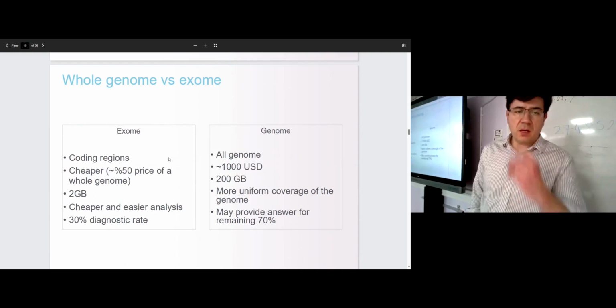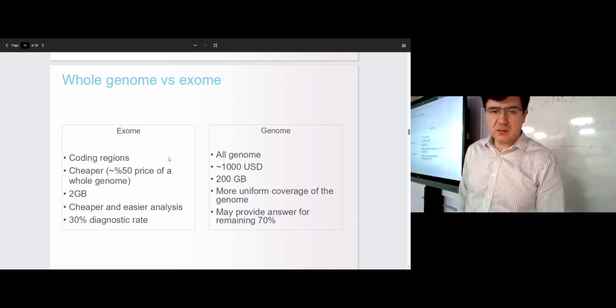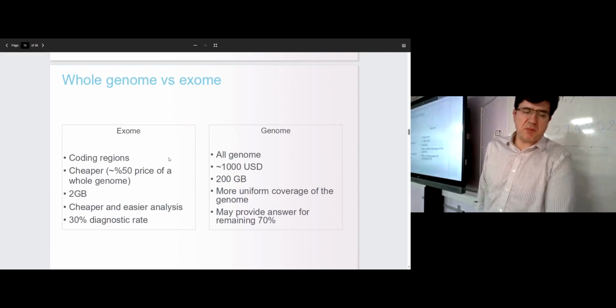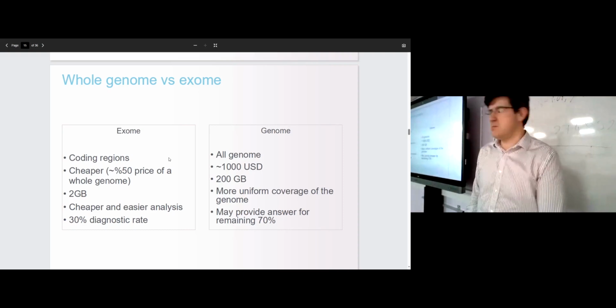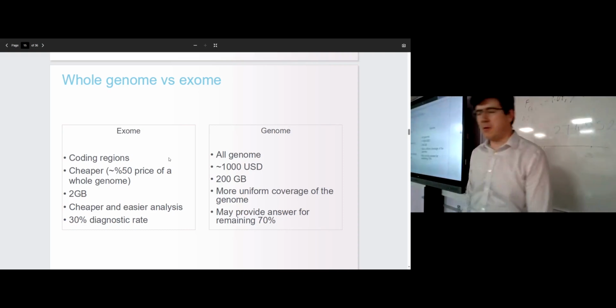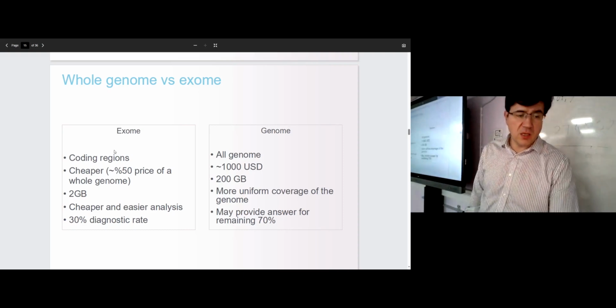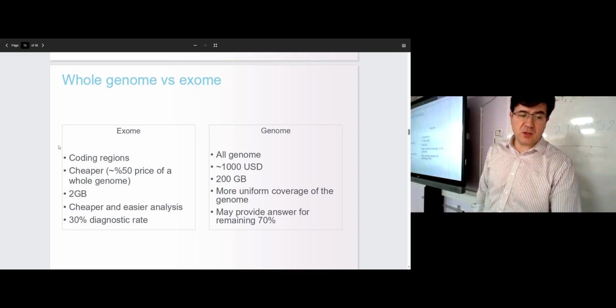So, just to reiterate the differences, it's important to understand the two main types of sequencing that we have in humans. The exome, which only sequences coding regions, is 50% cheaper than the whole genome.